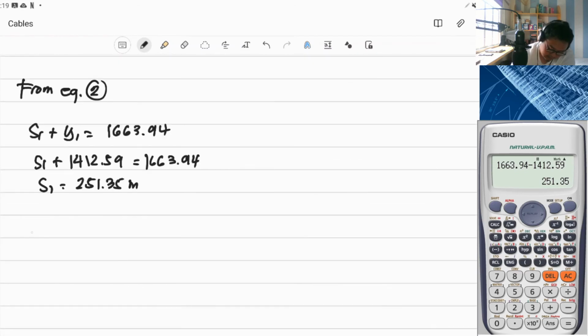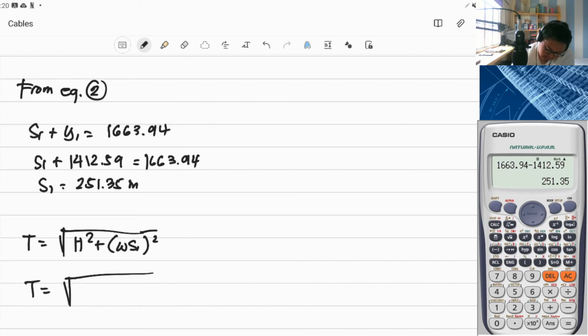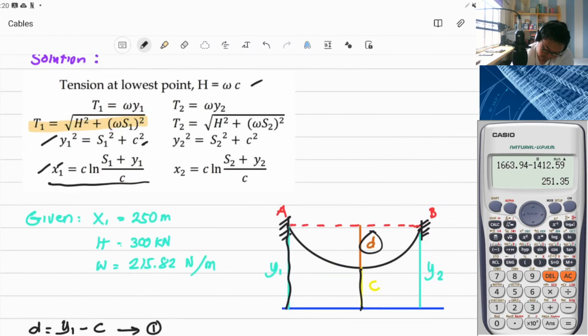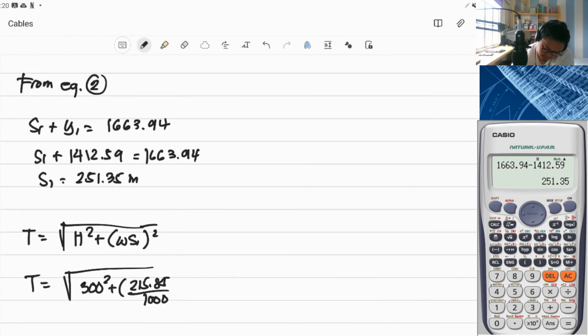If we have this, we can now use the second formula on the list: T equals the square root of H squared plus (W S1) squared. H is given, 300, squared, plus W, which is in kilonewton supposed to be, 215.82 divided by 1000, multiplied by S1, 251.35 meters, squared.